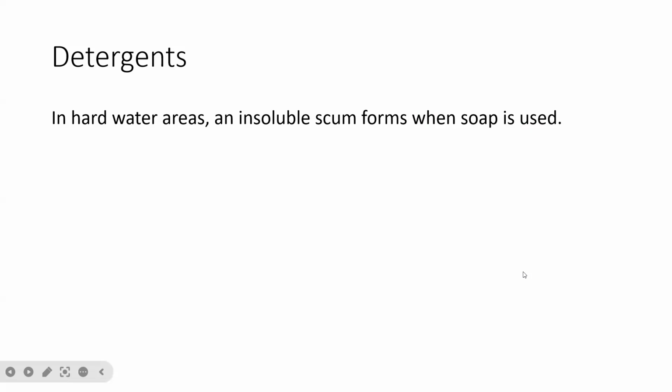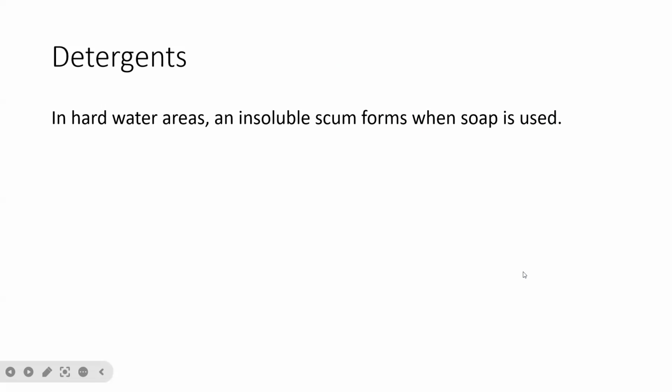Now we are going to have a better understanding of how hard water wastes soap. We are going to look at the chemistry. That means we will mentally go into the water, the soap solution, and see how calcium and magnesium will cause the soap to form scum instead of doing some cleansing action. So in hard water areas, an insoluble scum forms when soap is used.